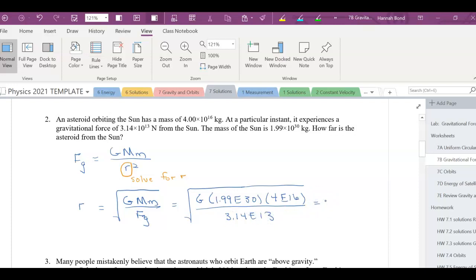Okay, so we can do this math. And we get that the distance between this asteroid and the Sun is 4.112 times 10 to the 11th meters.